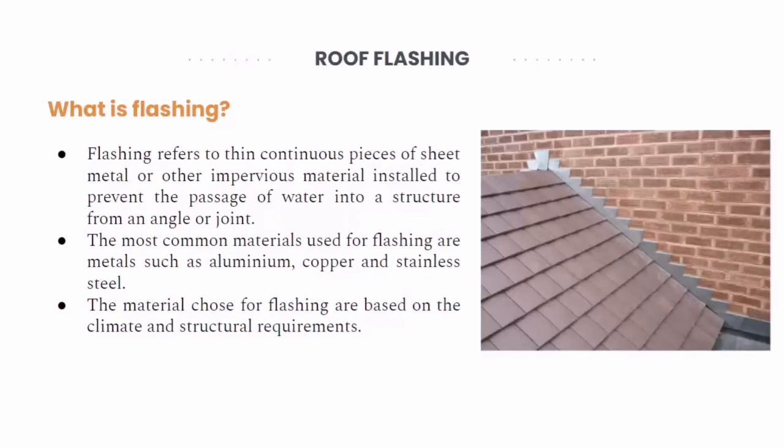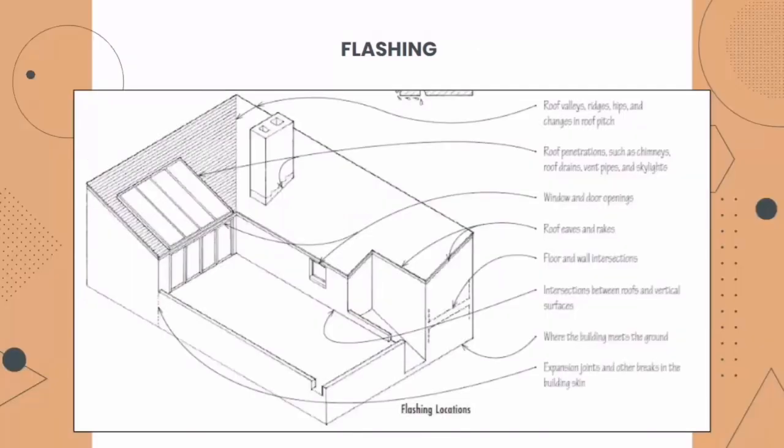So the most common materials used for flashing are aluminium, copper, and stainless steel. This material is actually chosen based on the climate and structural requirements. So there's a lot of flashing needed in a building.